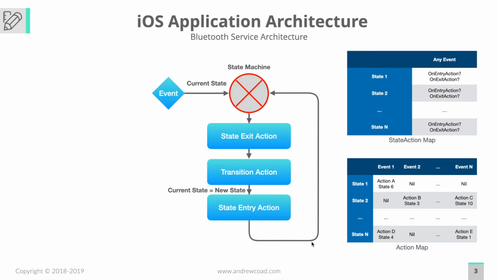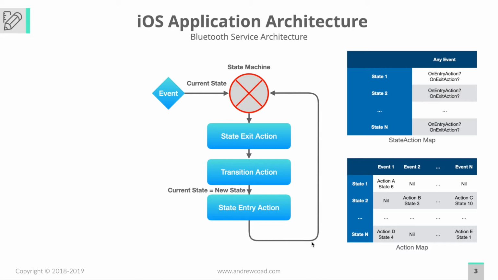It then checks the action table to see what transition actions to perform and what the next state will be. After performing the transition actions, the machine switches the current state to the new state and checks the state action table again, this time for any on-entry action to perform. The machine then loops back to process the next event on the queue, if there is one.